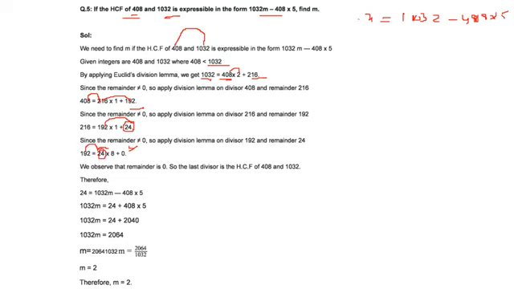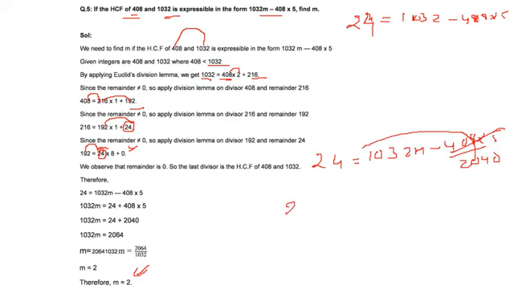As I said, we'll just equate 24 with 1032m minus 408 into 5. So when we solve this, we get m equal to 2. Let me solve it for you. 24 is equal to 1032m minus 408 into 5. 408 into 5 is 2040. Now take this 2040 to this side.